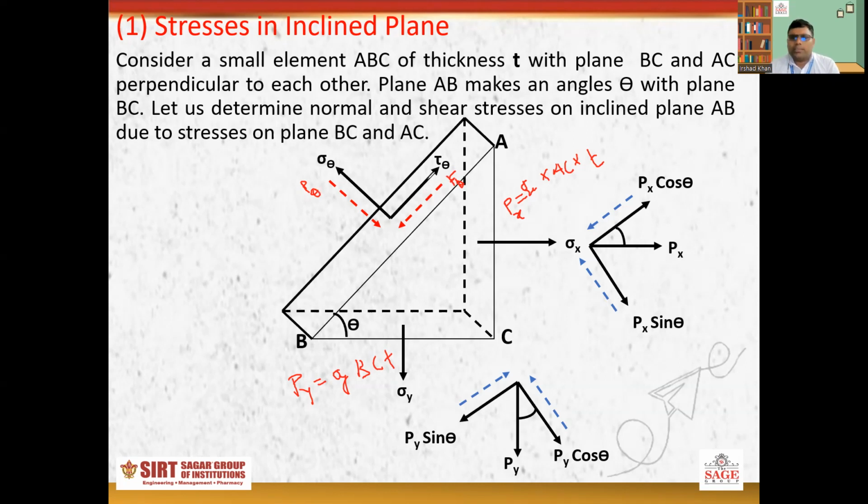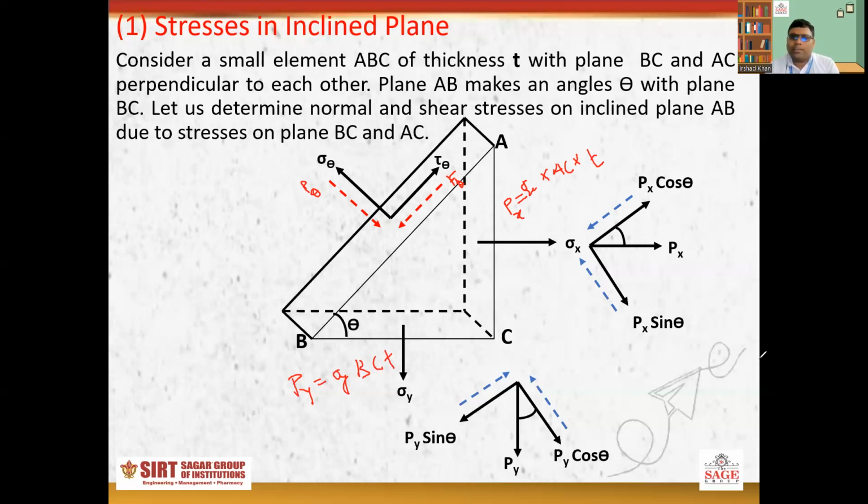Let's see this direction and this direction: Px cos theta has the same direction, and this one is in the opposite direction. So if you write the equation, F theta plus Px cos theta equals Py sin theta. Px cos theta goes to the right side, so it gets the minus sign.